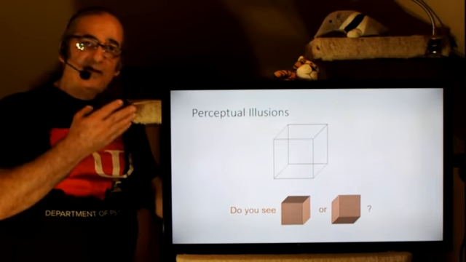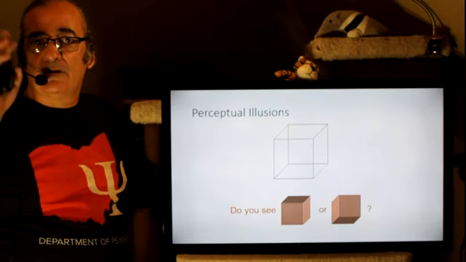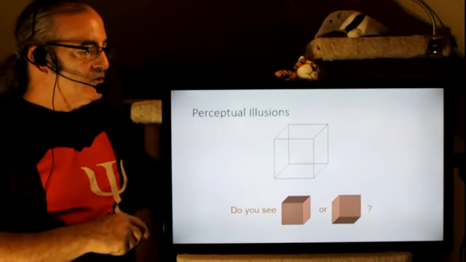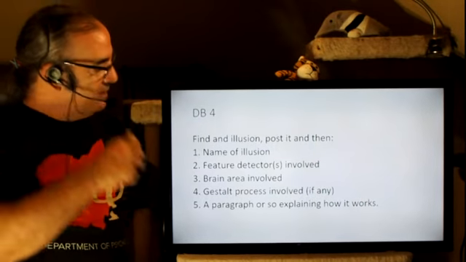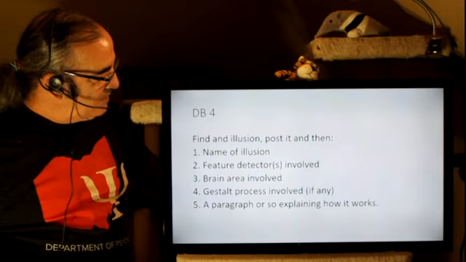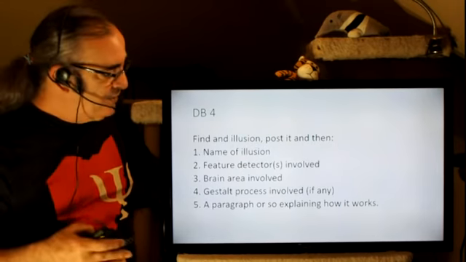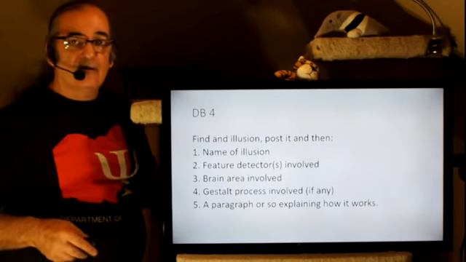Anyway, I've just presented a couple illusions. I didn't want to present a lot of illusions because this assignment is about you and the illusions that you produce. So what are you going to do on discussion board 4? Please find an illusion, post it, and then describe the name of the illusion. Most illusions do have a name. Then the feature detectors involved, so that's where the research comes in.